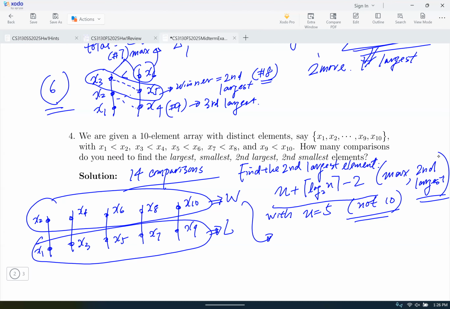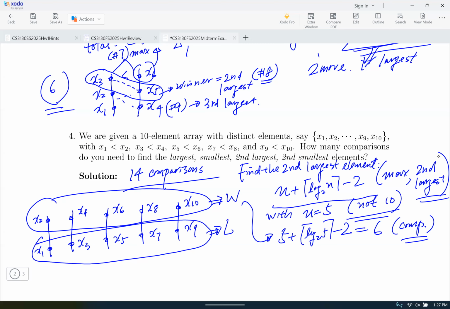You get both, after 5 plus log base 2 of 5 minus 2, which gives 6. So after 6 comparisons, you find both the max and the second largest.